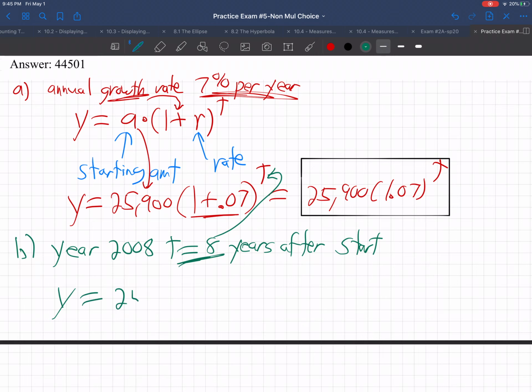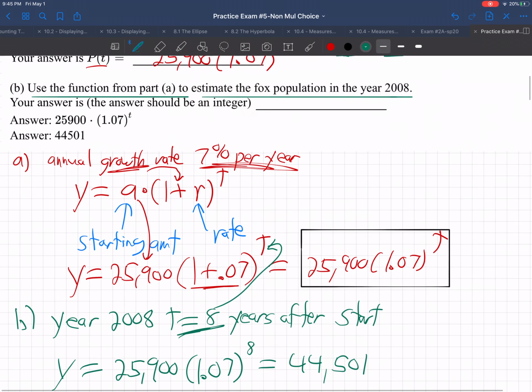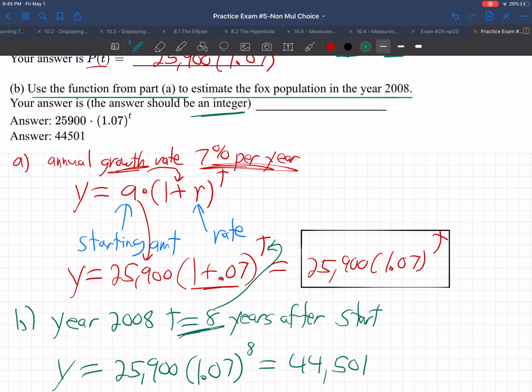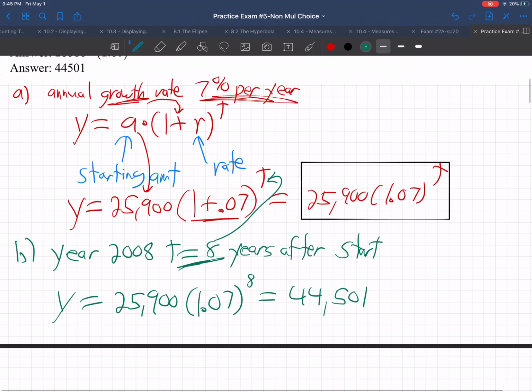So y will be 25,900 times 1.07 to the 8th. And then hit the buttons on your calculator. And I'm getting 44,501, and they want me just to round to the nearest integer, so that's a whole number.